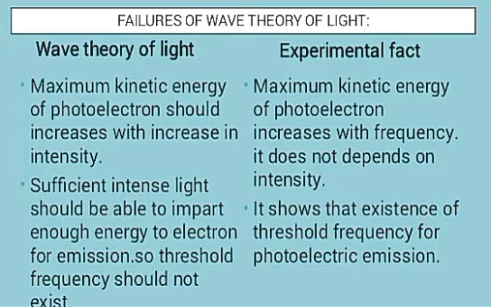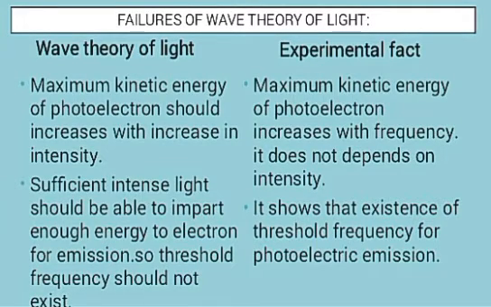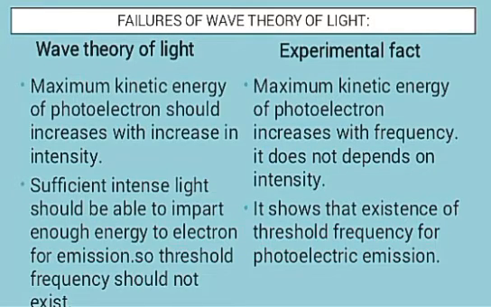According to wave theory, the radiation incident on the metal surface, means the electromagnetic wave, is in the form of wave. So, as intensity of the wave is increased, the electric and magnetic fields associated with the wave also increase. Means the energy associated with the wave increases because energy is stored in electric field and magnetic field.